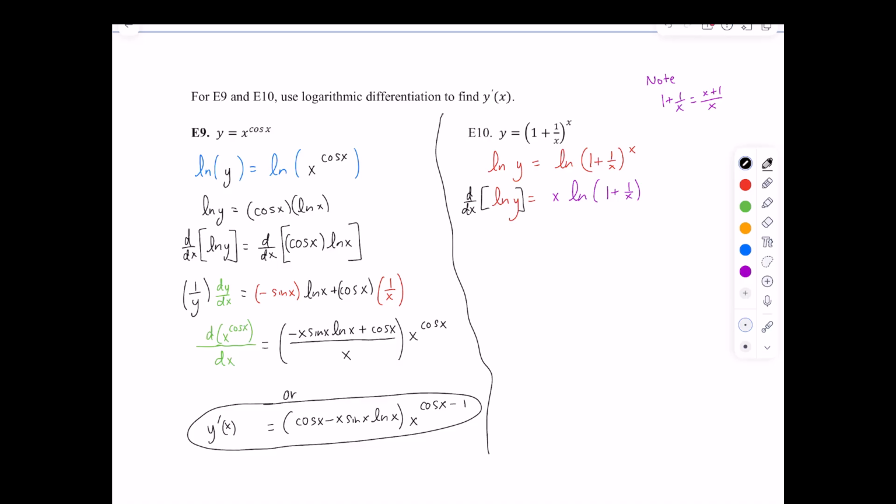Remember that y is some function of x. So when you implicit differentiate, you get 1 over y times dy dx. The power of Leibniz notation. The right-hand side of this equation is simply the product rule.